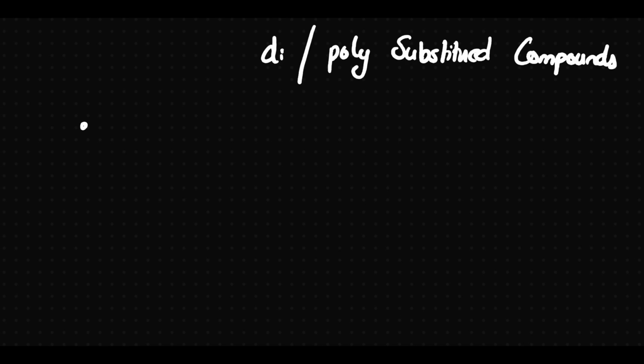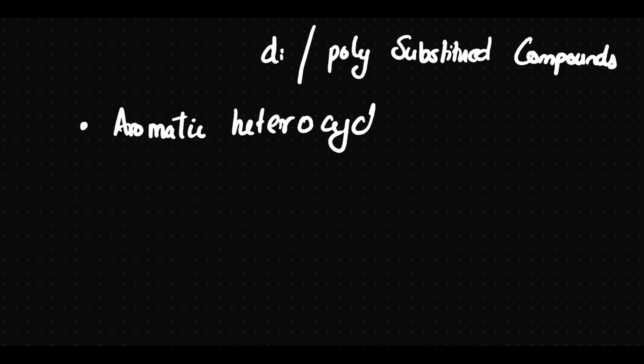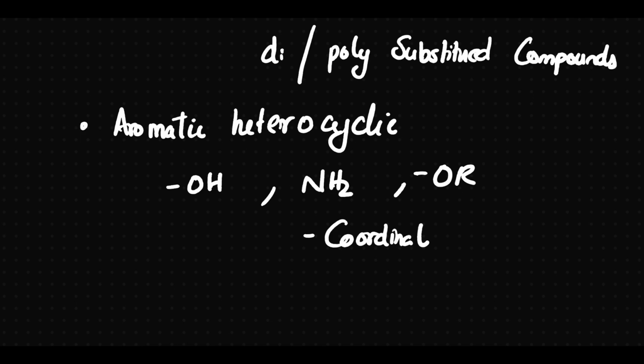Another problem is that we cannot use aromatic heterocycles. Aromatic heterocyclic compounds are not suitable. OH-containing, NH2-containing or OR-containing groups will coordinate to the Lewis acid, so these should not be present in the aromatic ring.